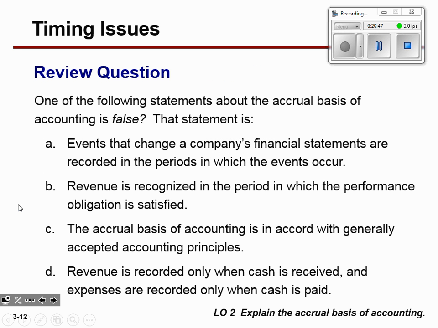See how you do on this. One of the following statements about accrual basis accounting is false. Let me say it again. One of the following statements about the accrual basis accounting is false. Which one is it? Which one is false in regard to accrual basis accounting? So in other words, recording it when it happens, no matter if the cash is there or not. Great if it is.